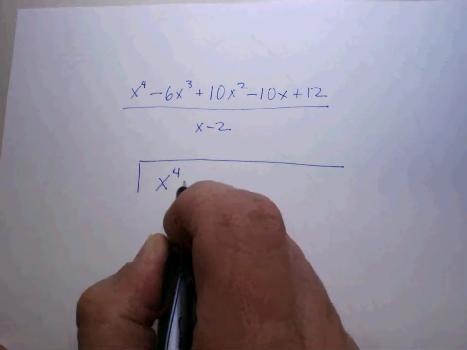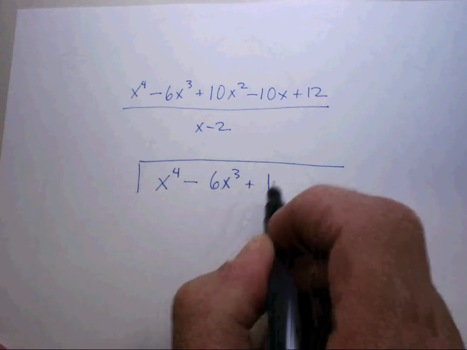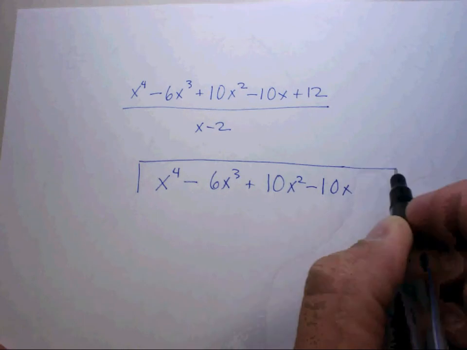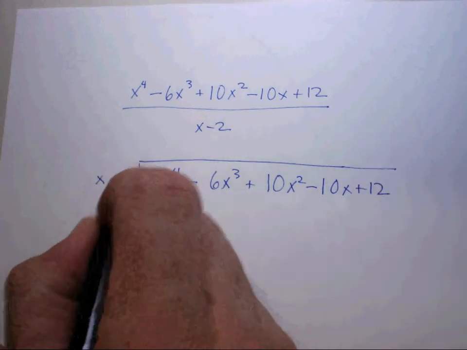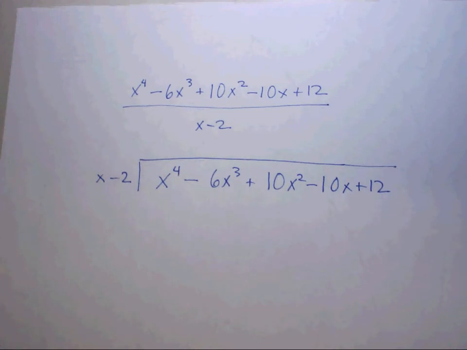And you set it up like this. X to the fourth minus 6x cubed plus 10x squared minus 10x plus 12. And of course dividing by x minus 2.